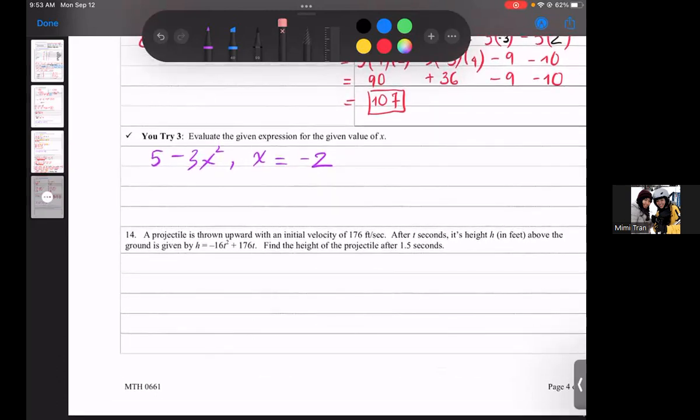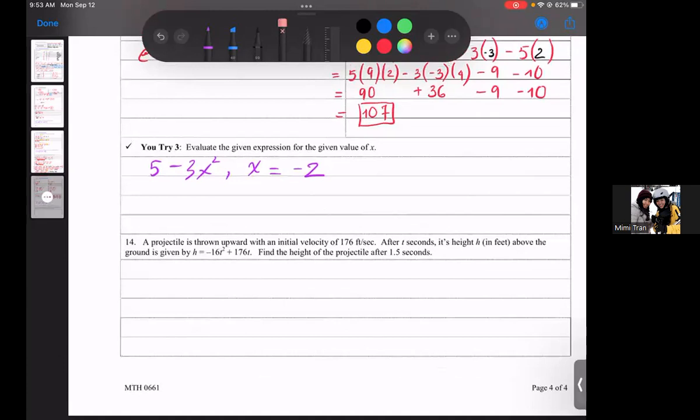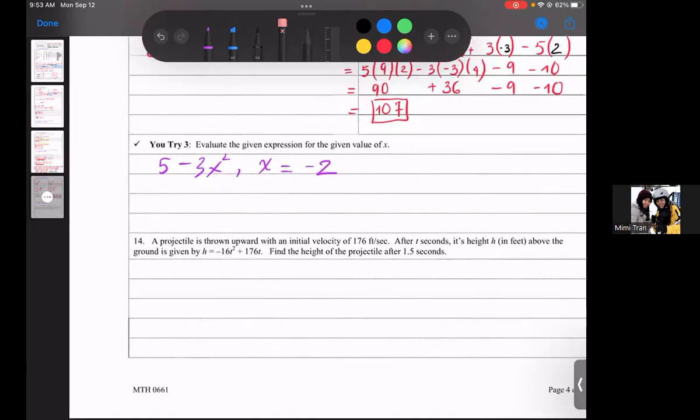All right, last one, and we're done with this section. Take your time and read the problem a little bit. A projectile is thrown upward with an initial velocity of 176 feet per second.